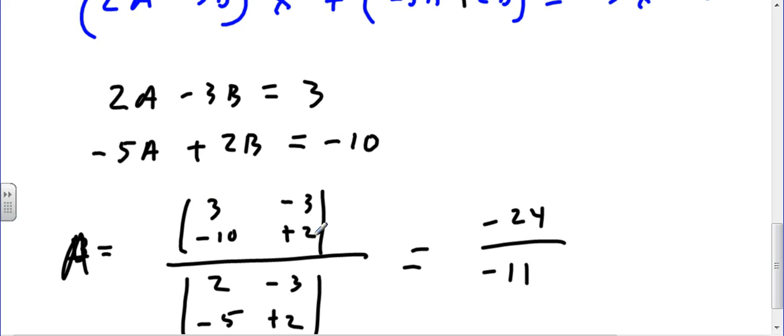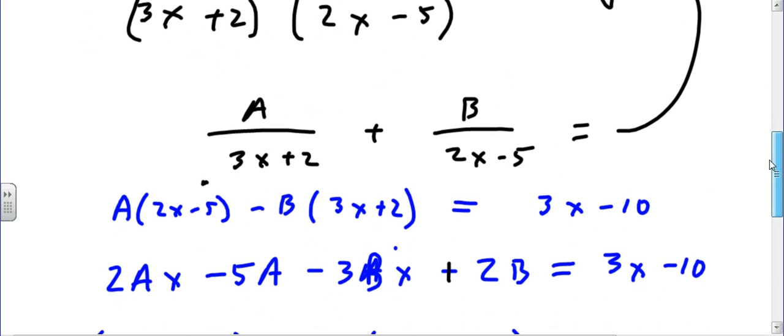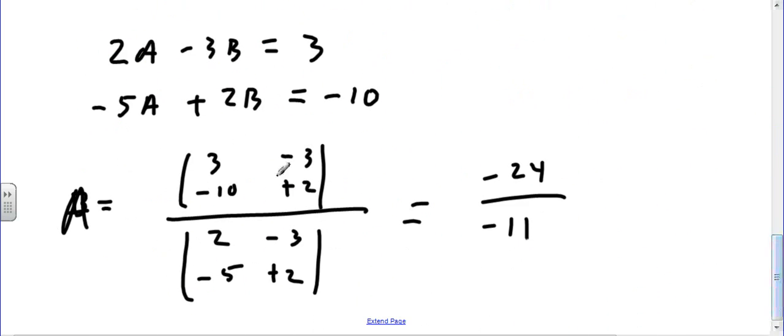I got 6 minus 30. That is minus 30, right? Minus 30, 24.